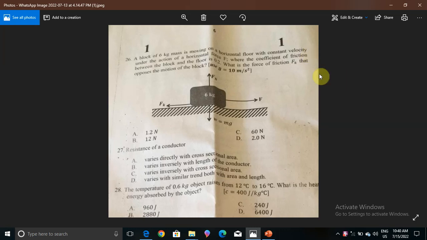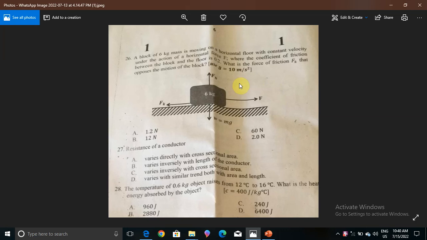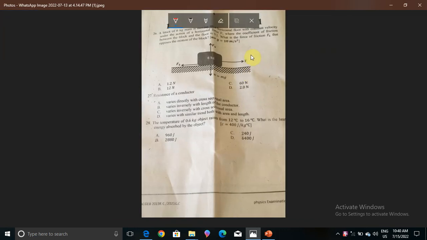First of all, the formula for friction: friction is equal to the coefficient times mass times gravity.